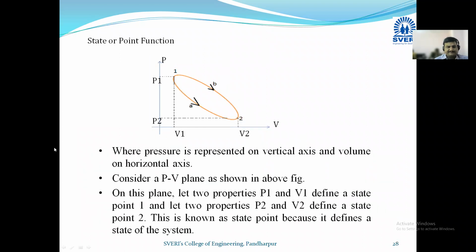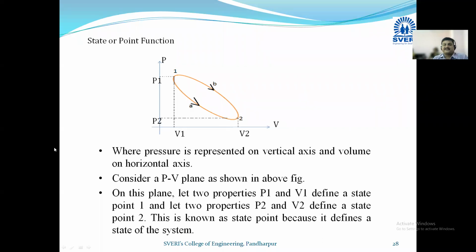Same diagram is there. Now concentrate on this diagram. As I have mentioned, no need to redraw the diagram. You just have to understand what information is written over there, and that information I have already explained to you.